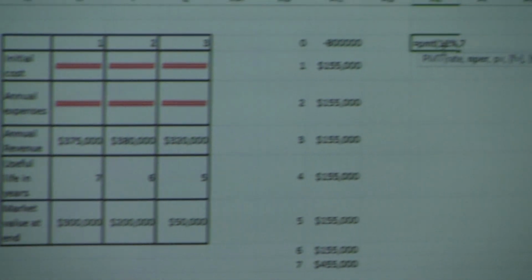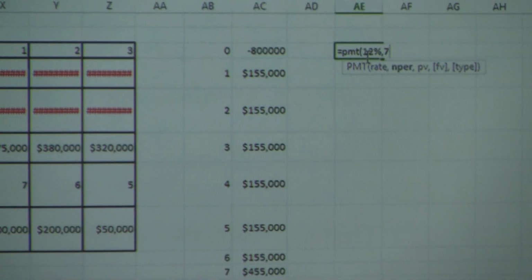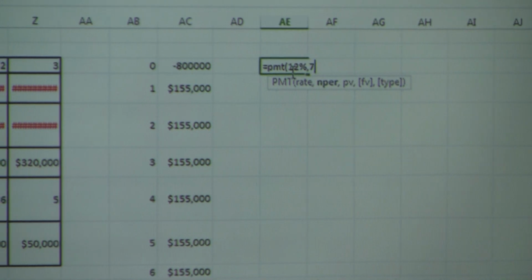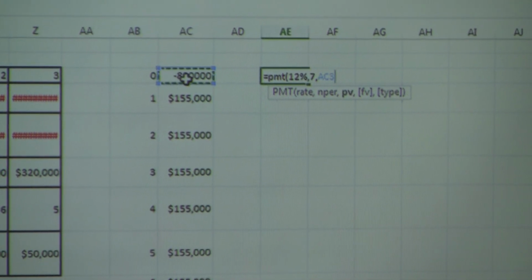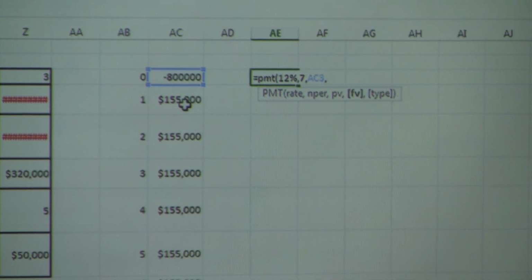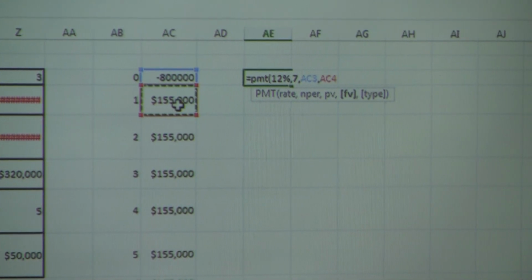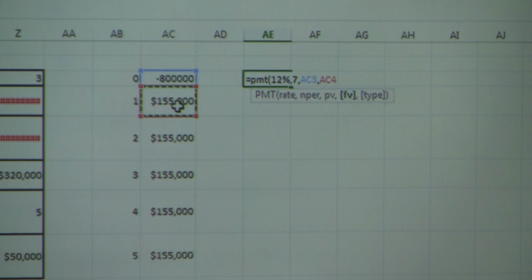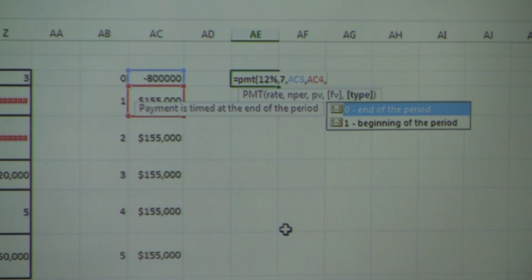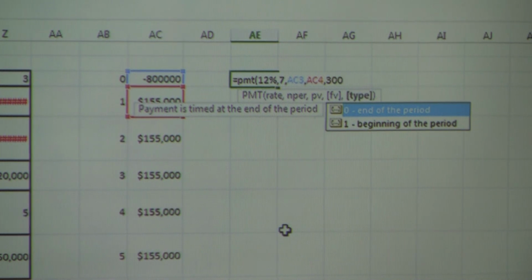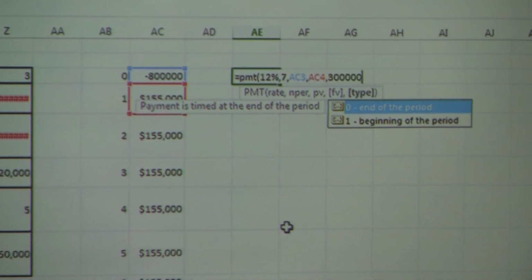Number of periods is 7, right? And present value is that one there. Payment is that one there. That's my revenue, that's money coming in, so that would be a positive value. And then finally, my future value, I said I could sell it for $300,000.